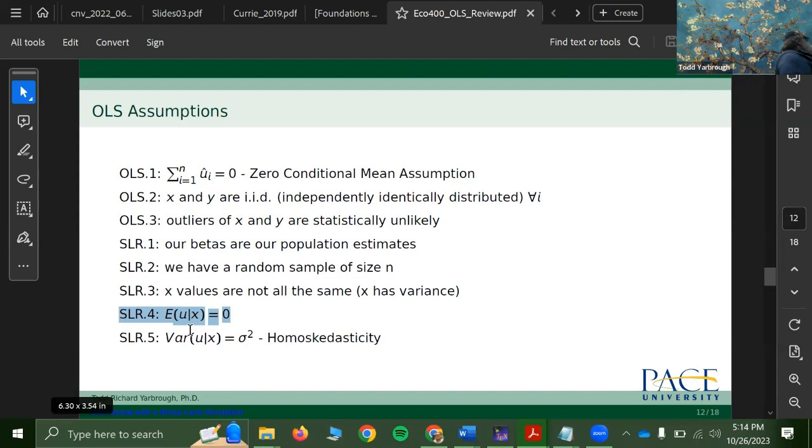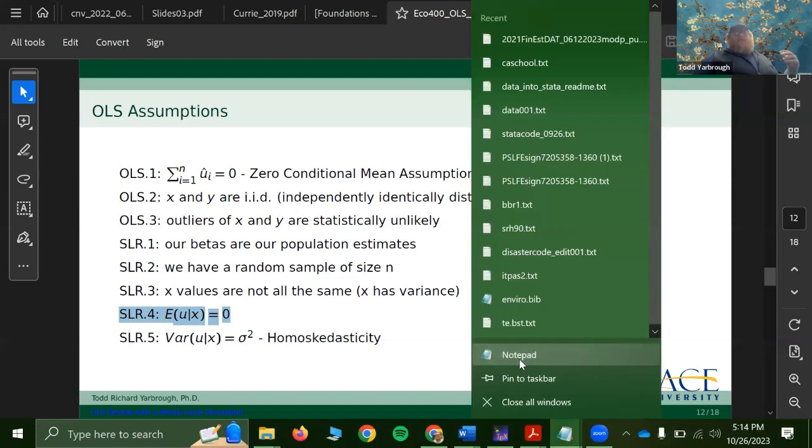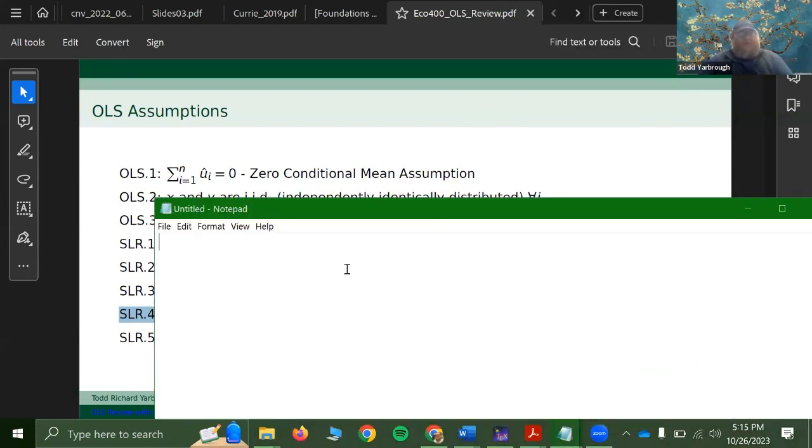There are a number of reasons why the conditional mean assumption could not be assumed.